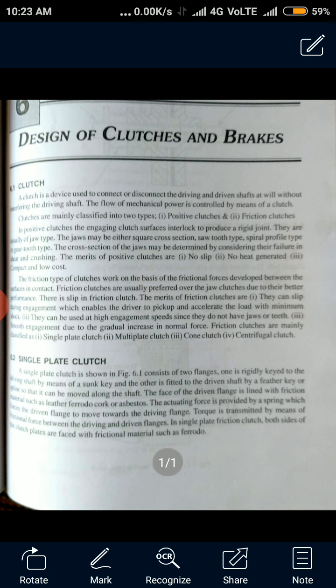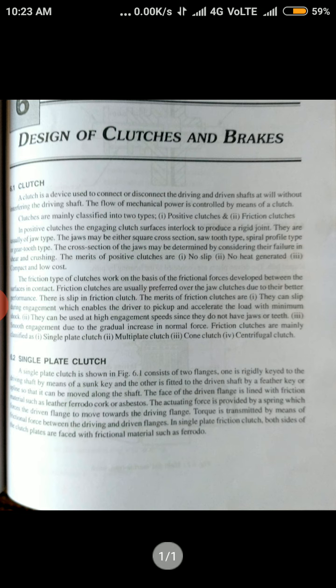In a vehicle, whether it is a two-wheeler or four-wheeler, the driving shaft always rotates at a constant speed, and the driven shaft has gears of different sizes. A smaller gear runs at a high speed, a medium gear runs at a medium speed, and a large gear runs at a slower speed. Depending upon the gear arrangement, the clutch is used to engage the driven shaft to the driving shaft.